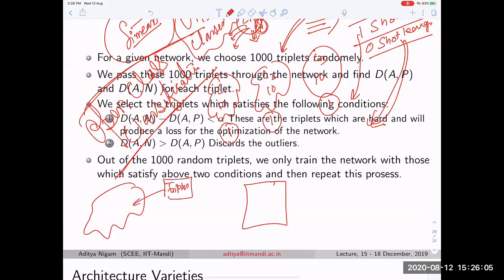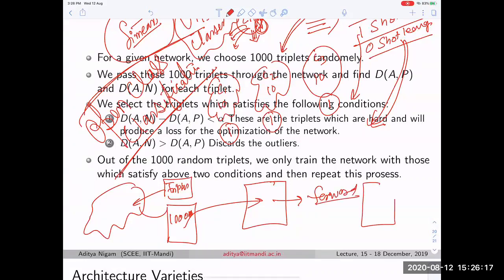The triplet maker will make triplets, 10,000 triplets, or maybe only 1,000 triplets, and do the forward pass. Once you have done the forward pass, you find out the hard negatives. Out of 10,000 you have got only 50. You aggregate their loss and backpropagate. Clear? Any other question?